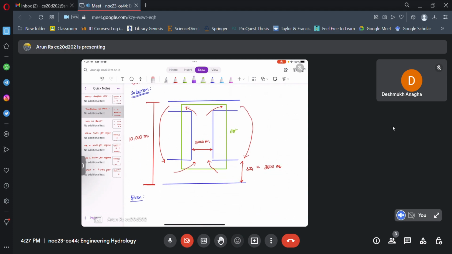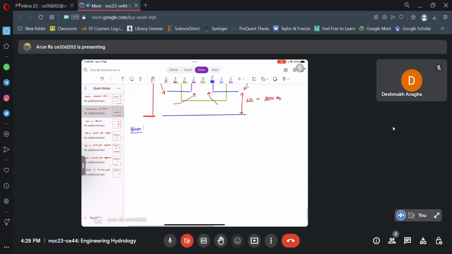So representing all the parameters as a diagram, we have the diameter, the total height, and delta Z1. Now the given parameters are, this is the near surface condition at the ground level. We have been given velocity as 2 meters per second, and the density of the water is 1000 kg per meter cube.